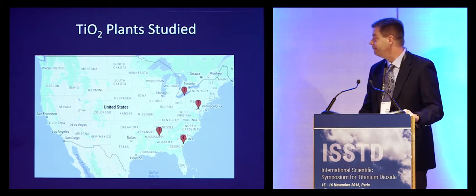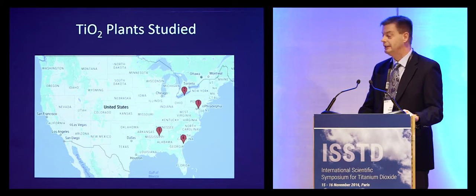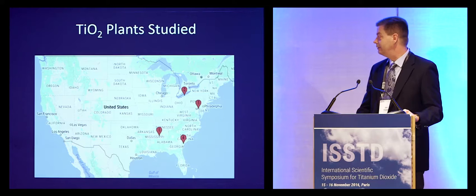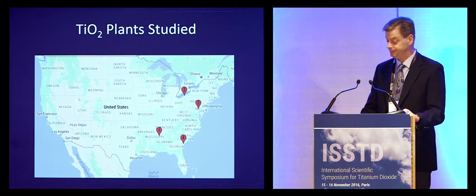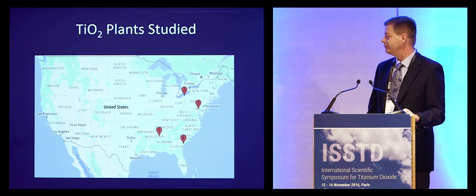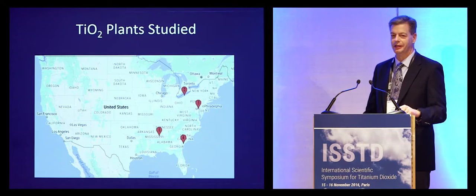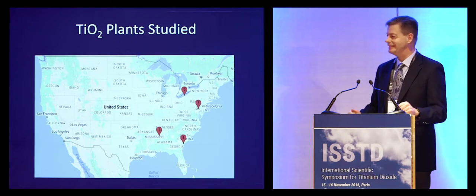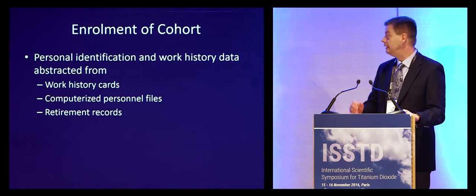Number 1, we went to Hamilton, Mississippi, up to Ashtabula, Ohio. We were in Baltimore, Maryland, and then in Savannah, Georgia. We actually had groups of graduate students that went out with me to collect all the worker hard copy information, and we scanned it and put it into a file. So it was quite a big effort.